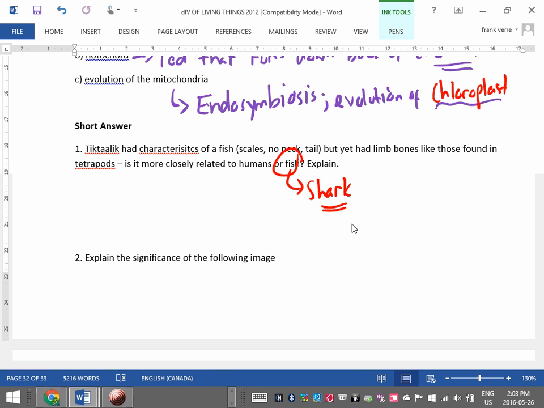So we have characteristics that are fish-like, and we have characteristics that are human-like, because there are some types of fish that have little bones in their limbs, but sharks don't. If you look at the fin of a shark, there's no bones inside the fin. But if you look inside our limbs, there's bones, right?